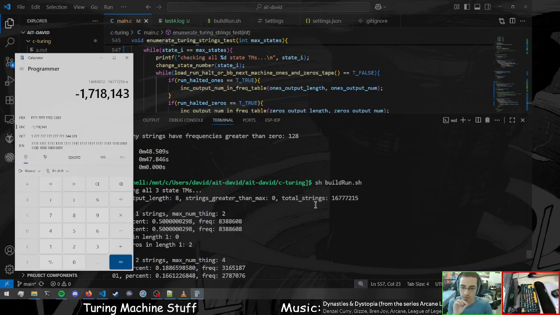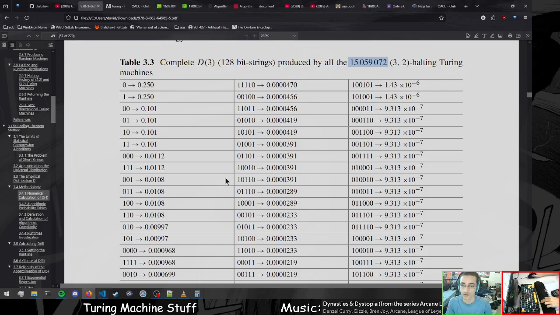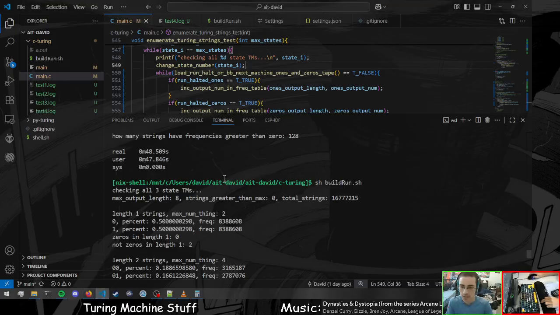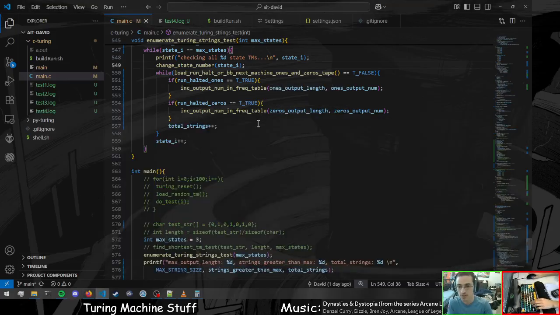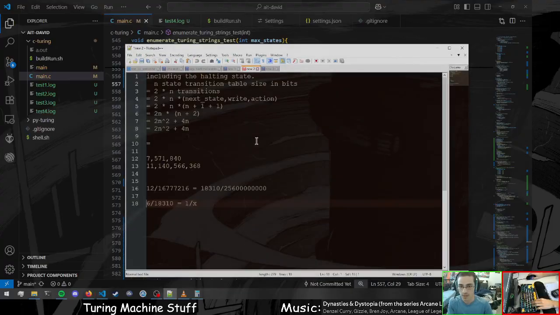I am considering too many machines. Is that what I'm doing? Am I considering too many of them? Huh. Okay, I think what I'm doing wrong is I am considering the Turing machines. Oh my god, I knew this would happen.